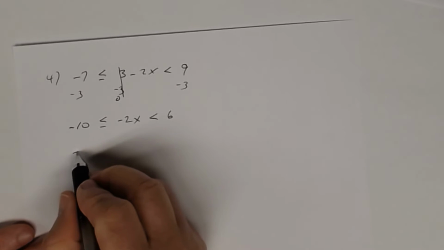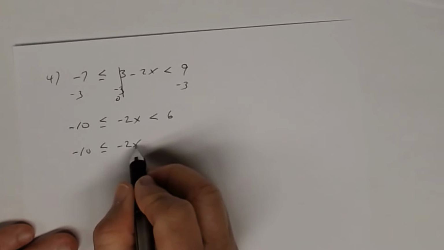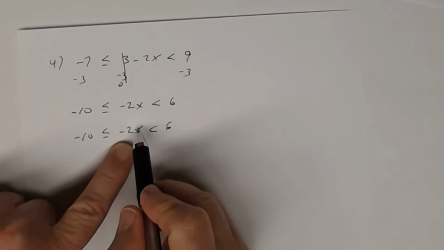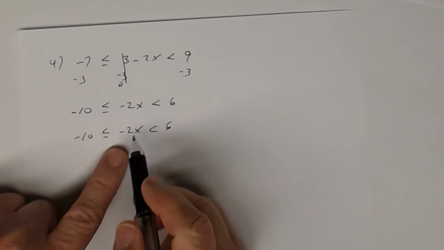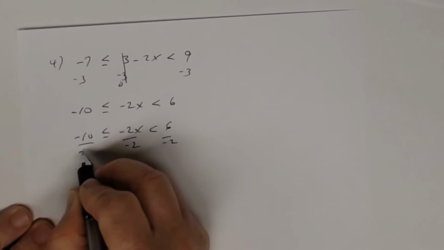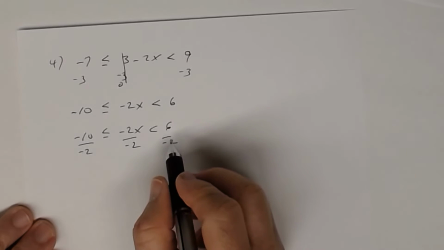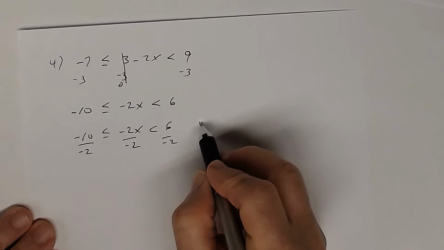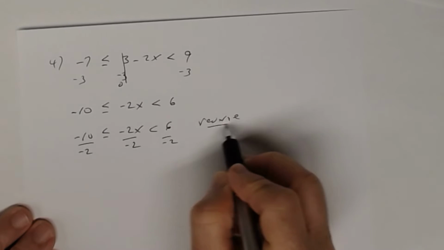All right, now, just go ahead and rewrite this over. Okay, so the next step, remember, is to get x by itself. So we're now multiplying x by -2. The opposite is to divide by -2. But remember, whenever you multiply or divide an inequality by a negative number, which I am, you're going to have to reverse the symbol.